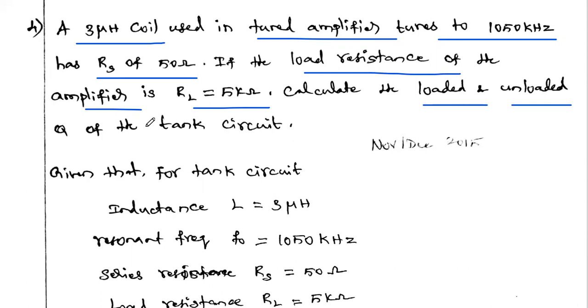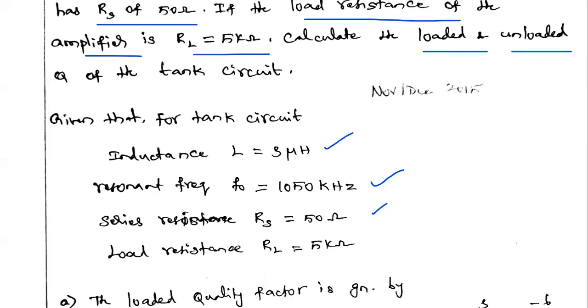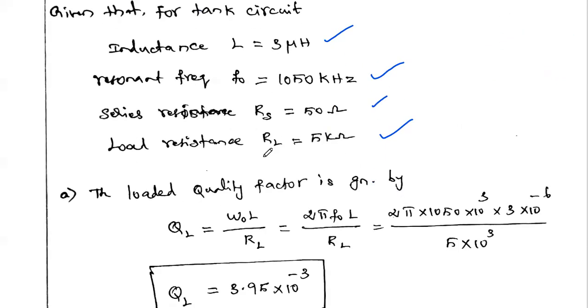This is the question. So what data are given? First, the inductance is 3 microhenry, and the resonant frequency is 1050 kilohertz. Then the series resistance is 50 ohms, and the load resistance of the tuned amplifier is 5 kilo ohm. So the question is the loaded and unloaded quality factor.